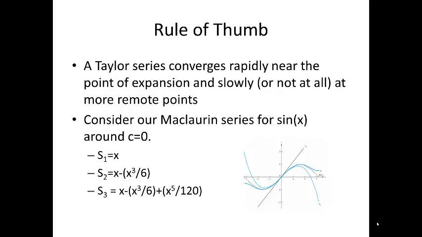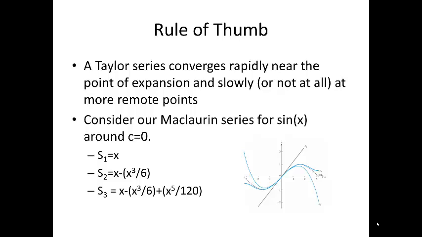And so, yes, this is labeled as a rule of thumb, and the graph shows the results that we get when we plot those. So you can see sine of x as the dotted line. S1 is the linear line that represents x. S2, you can see that we're actually getting a bit closer to it, although it diverges very far at the endpoints.